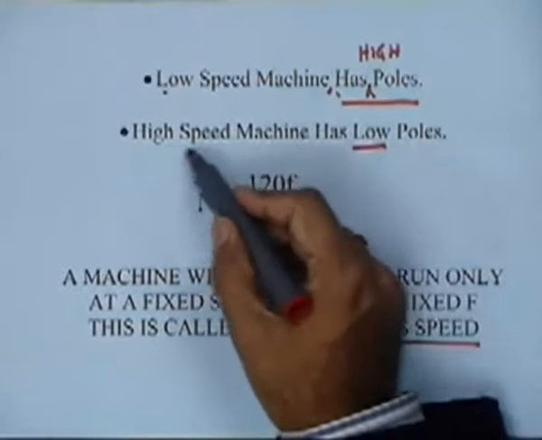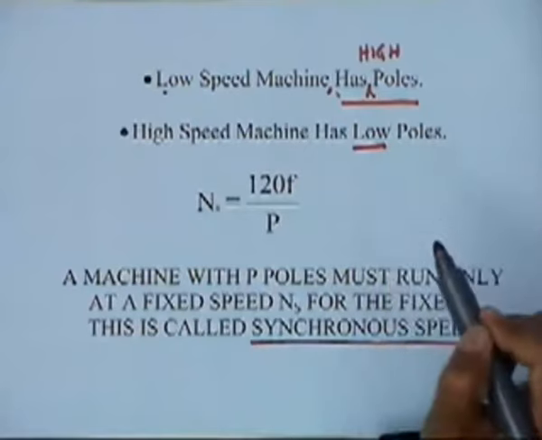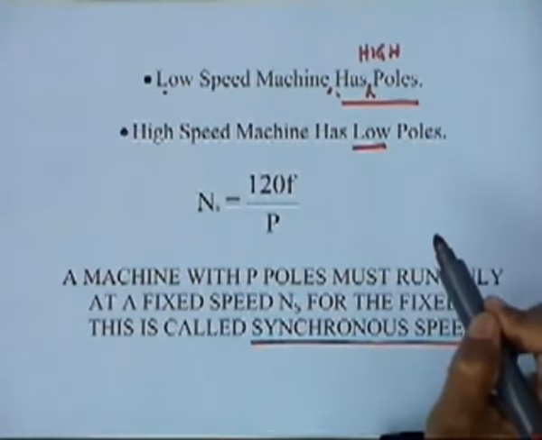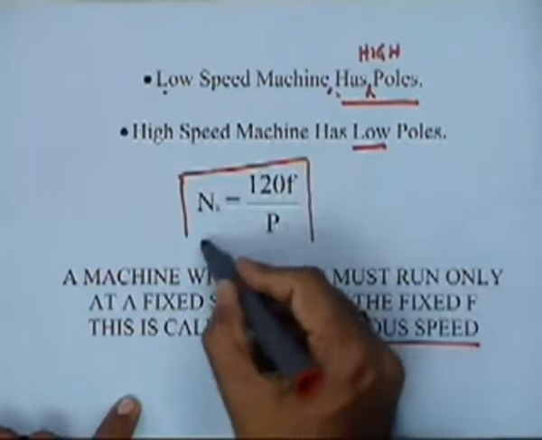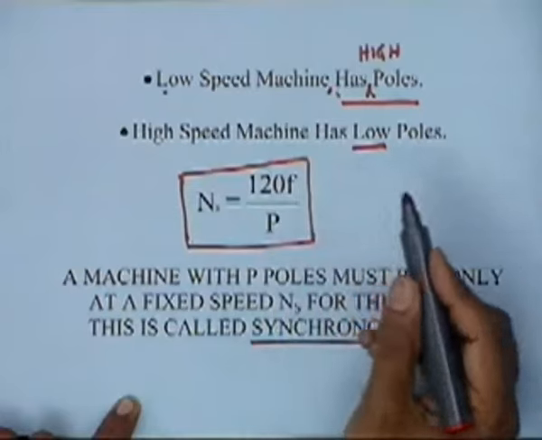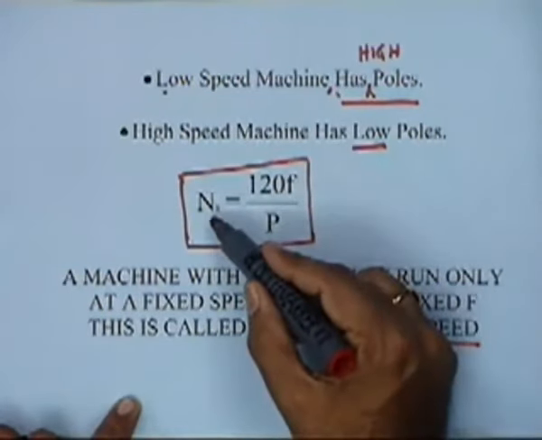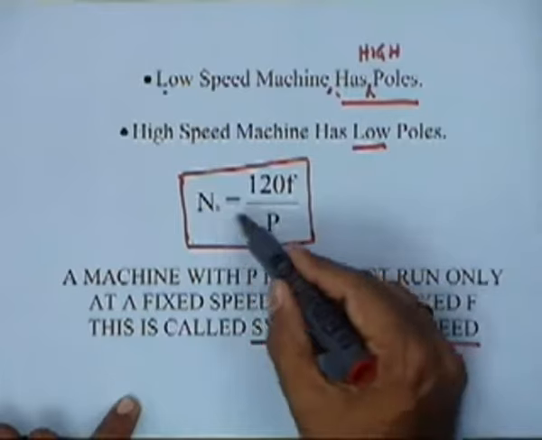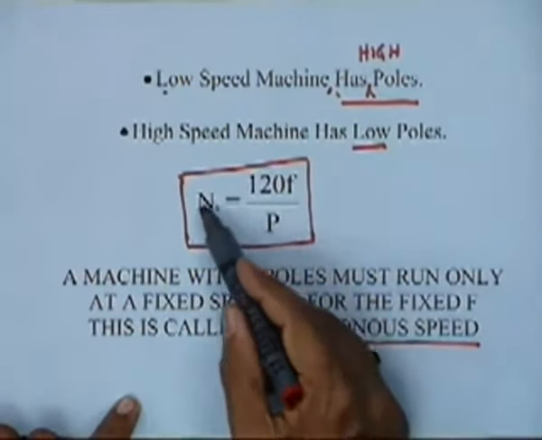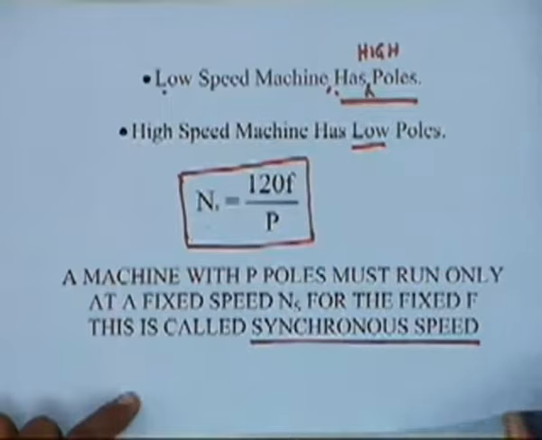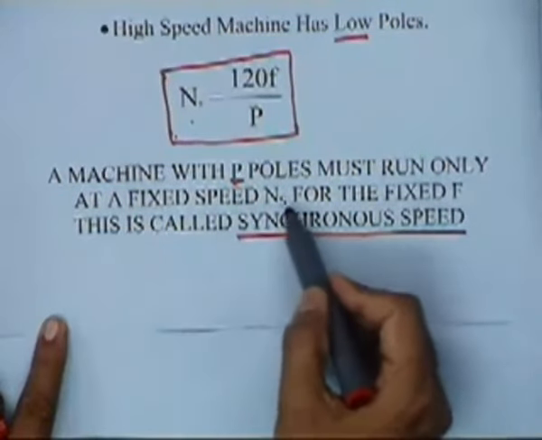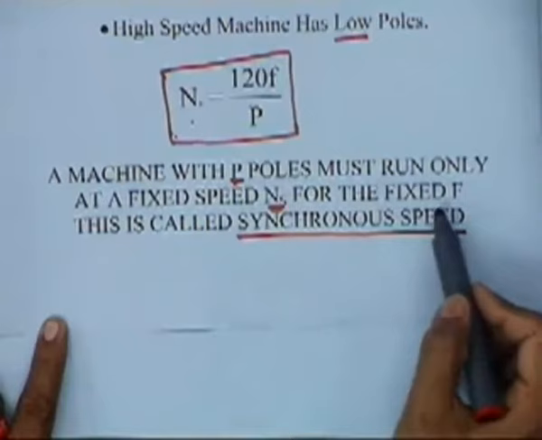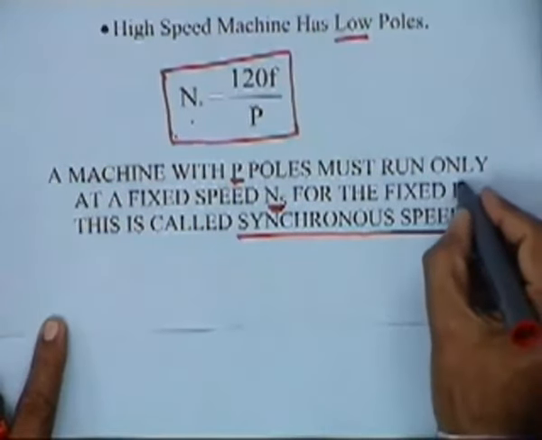If the turbine is of high speed, then you get low poles. The speed at which we must run is very much decided by the frequency. For a given frequency, we run at only one speed for a given number of poles, given by ns is 120 f by p. This is an important relation, which means that a machine with p poles must run only at a fixed speed ns for the fixed frequency.